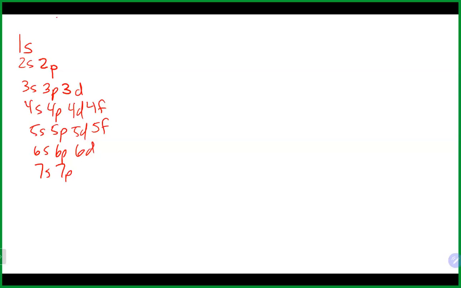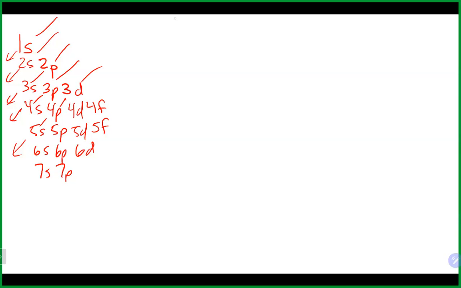And this will give you the proper order as to how to fill electrons, writing electron configuration. One of the major things that we talked about is the idea that the s comes before the d's. So we do go 3p, then to the 4s, and then back to the 3d. And that pattern does follow all the way through.